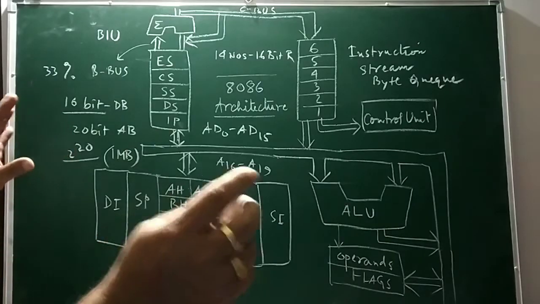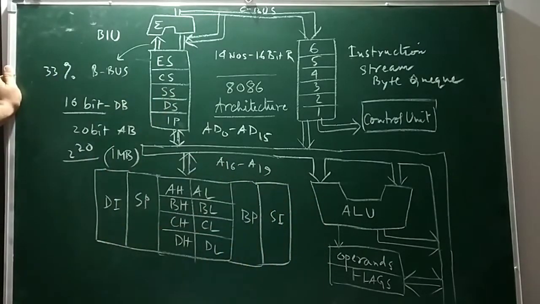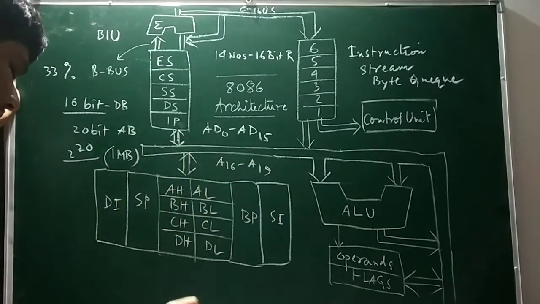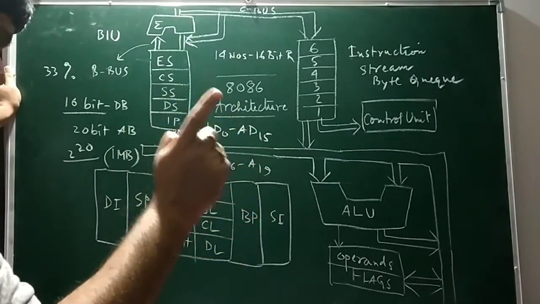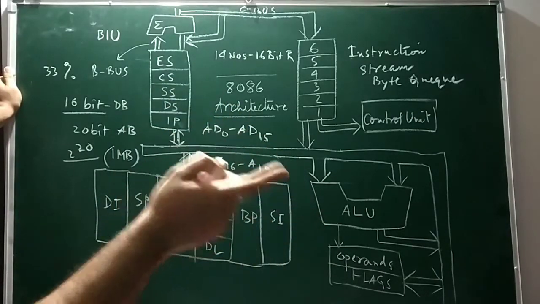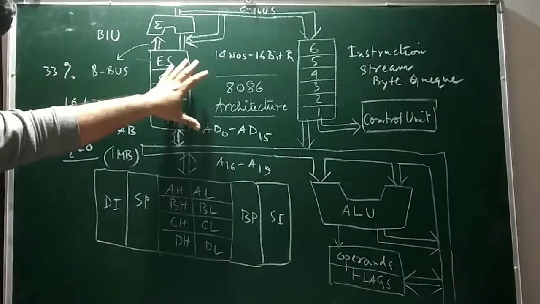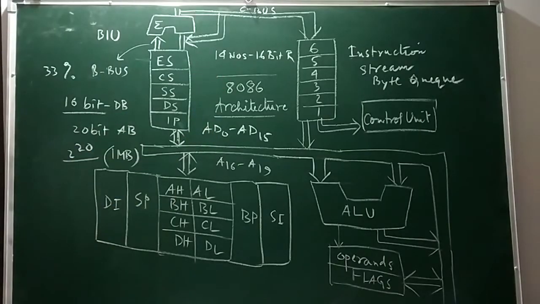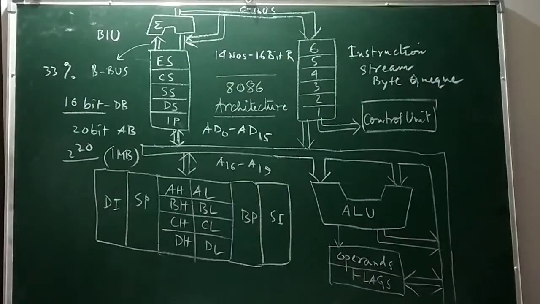Then the 8086 microprocessor can prefetch up to 6 instruction bytes from memory. The 8086 microprocessor supports two modes of operation.